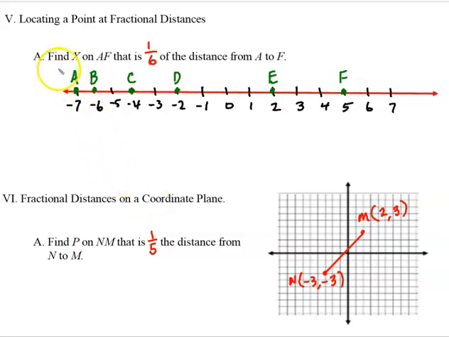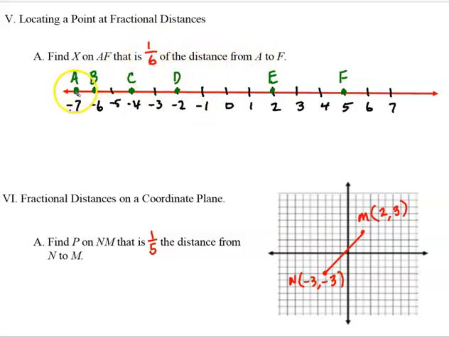Let me set up this first problem, letter A. We're supposed to find the point called x on this segment identified as AF. From A to F, you can see here on our number line. But this point called x is only 1/6 of the distance. So it's not halfway, it's 1/6 of the way.